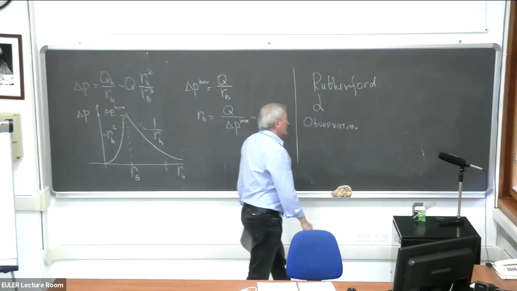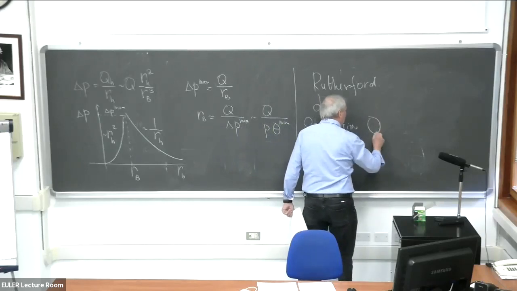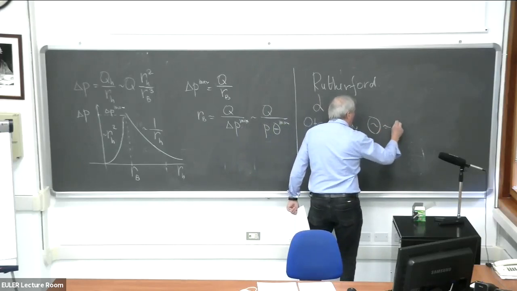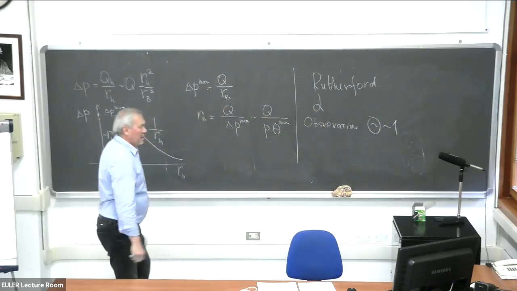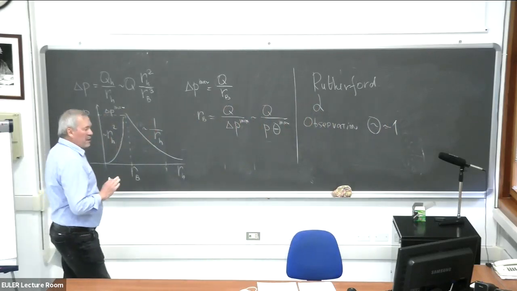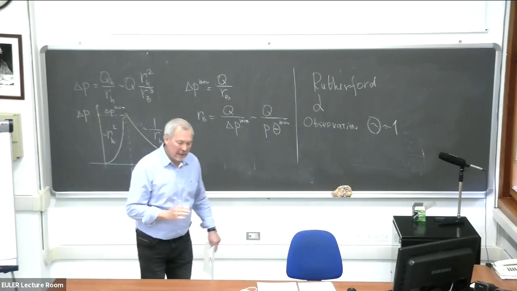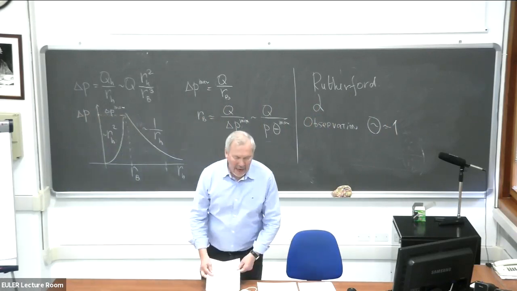The observation was that the angle of scattering was an average of the order of 1 radian. So the key observation of Rutherford was that the scattering angle is big.